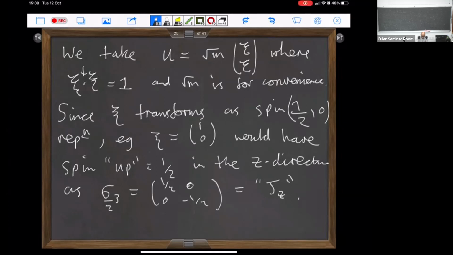So we could easily take a basis for this. We've got this two-dimensional space of solutions now, because u left could be any two-component spinor. The most convenient choice is just to consider spin up, i.e. that zeta is (1, 0), or spin down, that it's (0, 1).